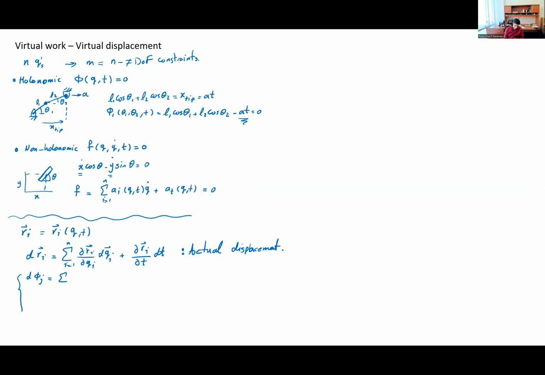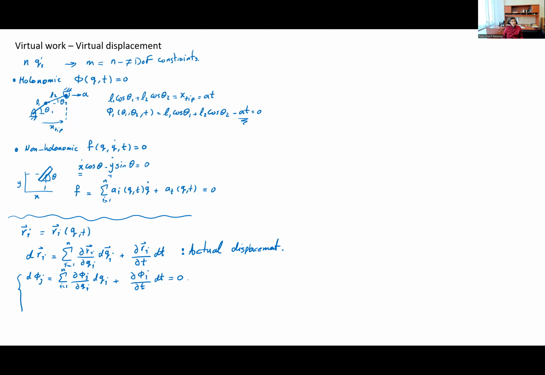I'm just taking the differential of phi_j of q and t, and writing that as a function of partial differentials: the sum over i from 1 to n of partial phi_j over partial q_i dq_i, plus partial phi_j partial t dt, equals 0.